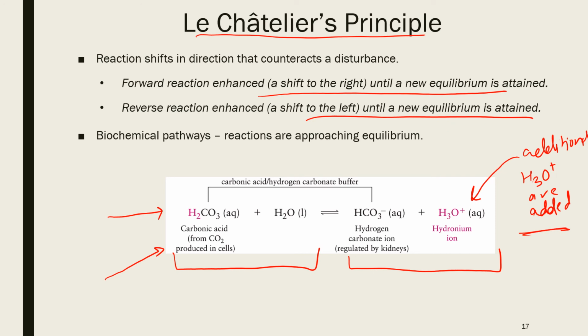Therefore, Le Chatelier's principle predicts that the reaction will now shift to the left to consume the added hydronium ions. So if we add more hydronium ion or anything on the product side, equilibrium will shift to the opposite side, the reactant side.